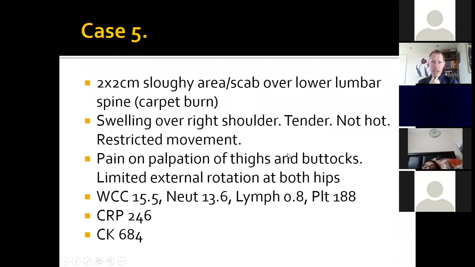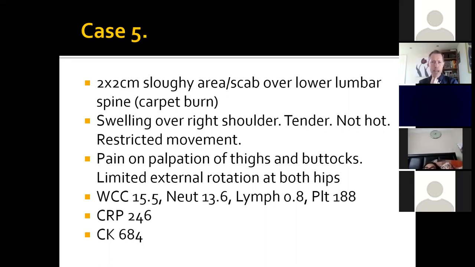So on examination, he was found to have a 2 by 2 centimeter sloughy scab over his lower lumbar spine, which he said had been sustained from a sort of carpet burn, friction burn type injury a couple of weeks ago while he was in Egypt. He had some swelling over his right shoulder, which was tender but not hot, and there was definitely restricted movement there.